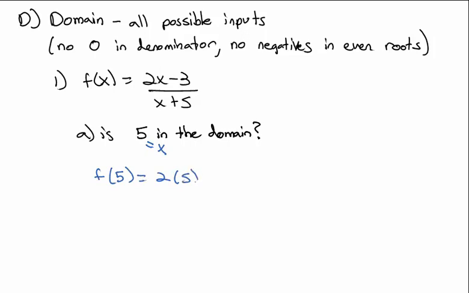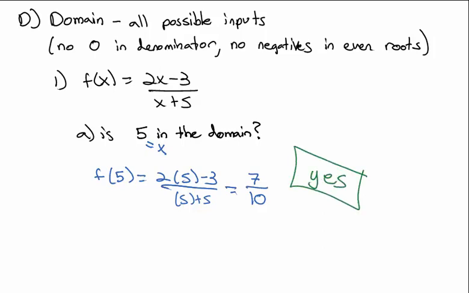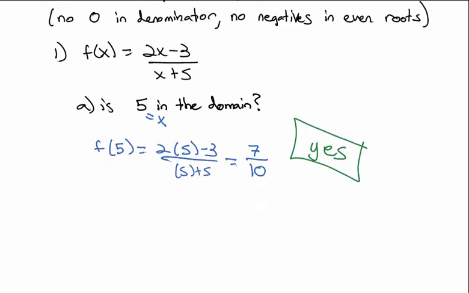Well, here we have 2 times 5 minus 3 over 5 plus 5. Well, 2 times 5 is 10, and 10 minus 3 is 7, and 5 plus 5 is 10. Because we get an answer of 7/10, it doesn't matter what the answer is, but 7/10 is a valid answer, we say yes, 5 is in the domain.